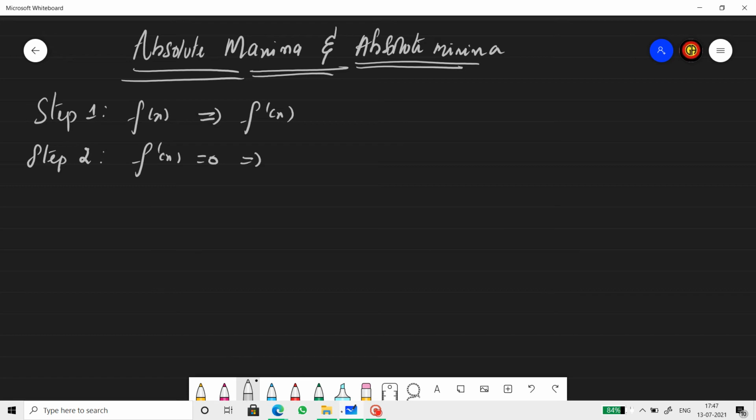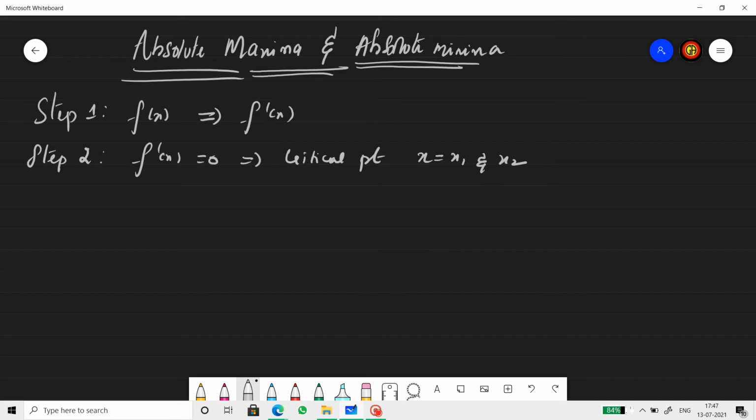With this, you can find the critical points, or the factors of f dash of x. Say you're finding x is equal to x1 and x2.